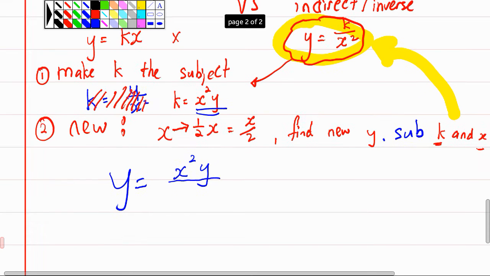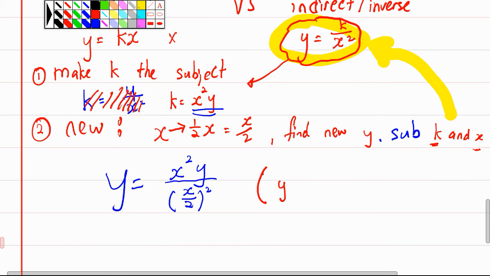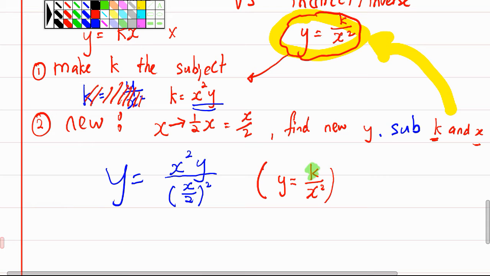So this is x over 2, whole thing square. Do you follow? Where do I get this equation? I write in red. This is from y equals to k over x squared. So I highlight again. This k is the x square y.